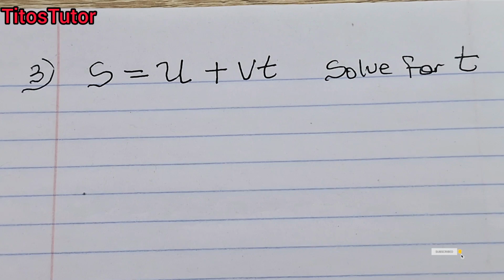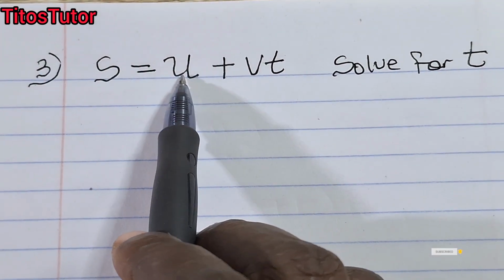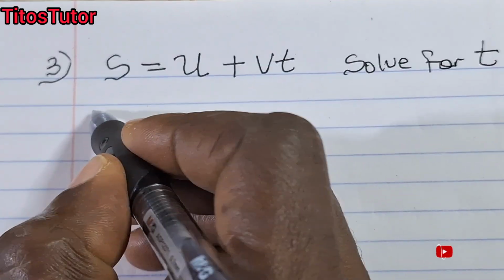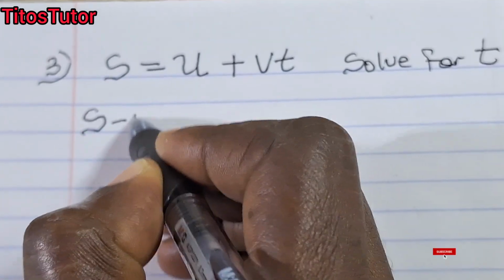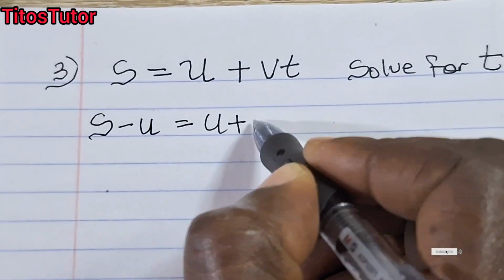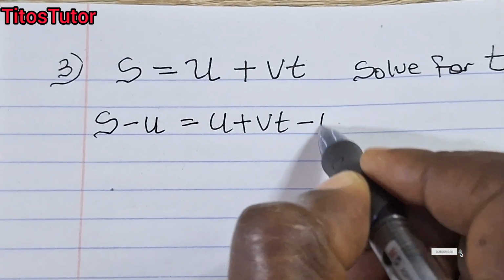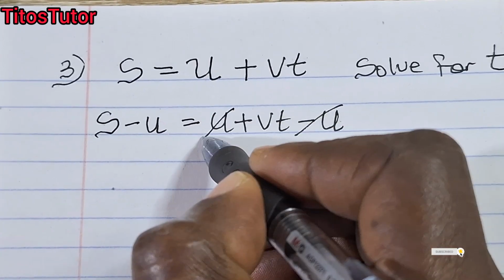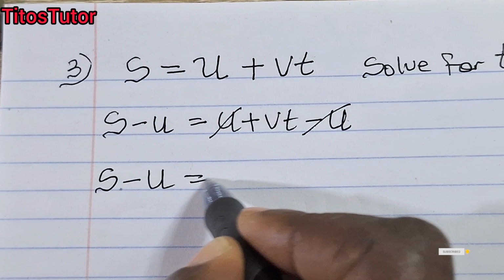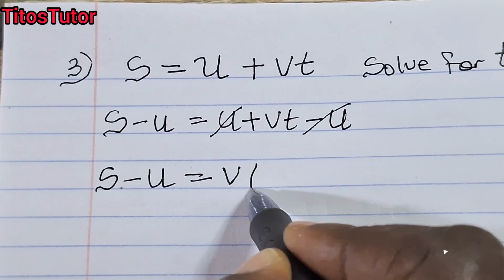First things first, u plus, so I subtract u from both sides. I have s minus u is equal to u plus vt minus u. So this u cancels this u. I'm left with s minus u is equal to vt.